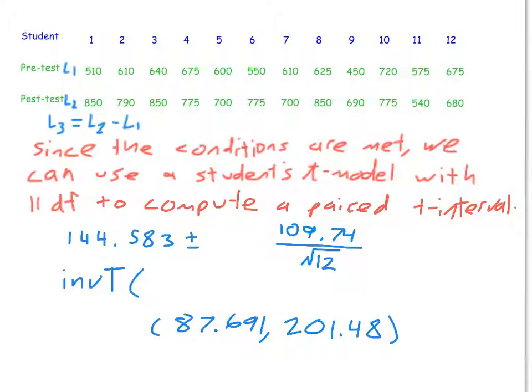So now I'm going to find my T star. To do that, I go to second vars to get to distributions. And then number 4 is inverse T. And the area I want, since this is a 90%, if 90% is in the middle, there's 10% in the tails, which means there is 5% in each tail. So I'm going to do 0.05. My degrees of freedom is 11.